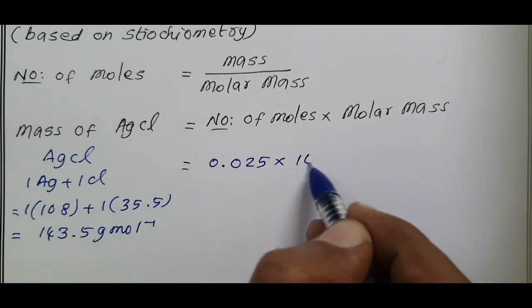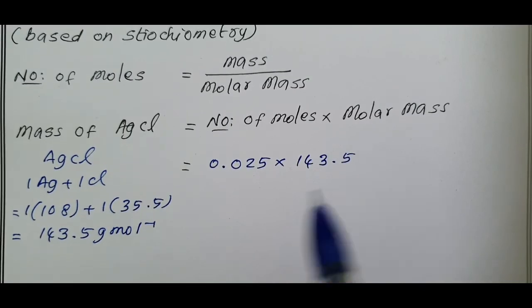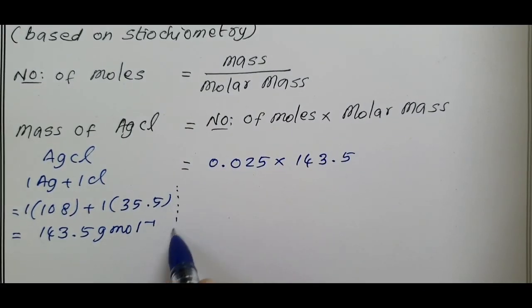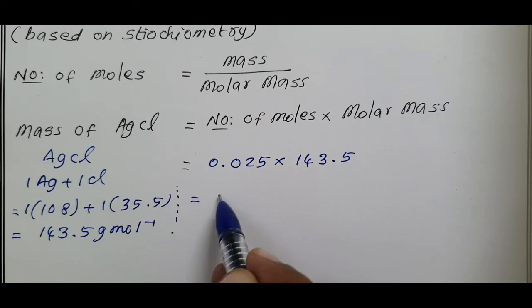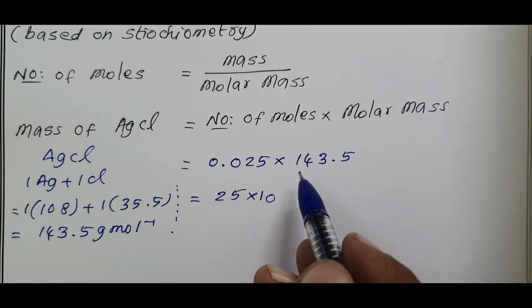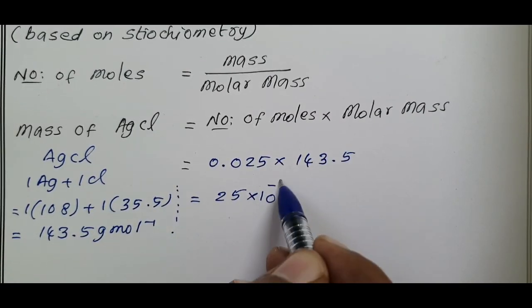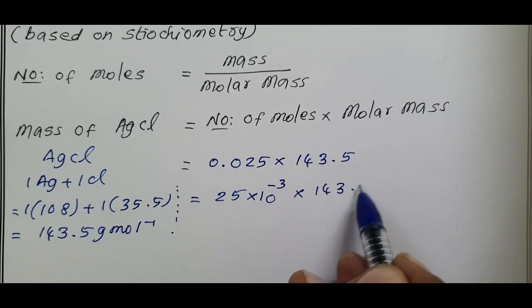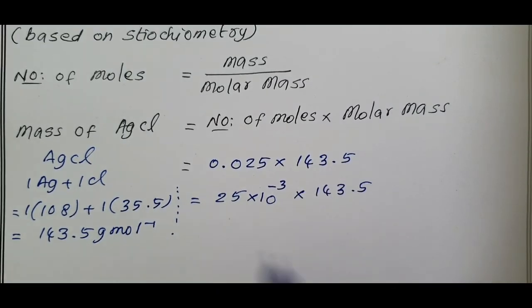So 143.5, and this 0.025 can be written as 25 into 10 power minus 3, into 143.5.